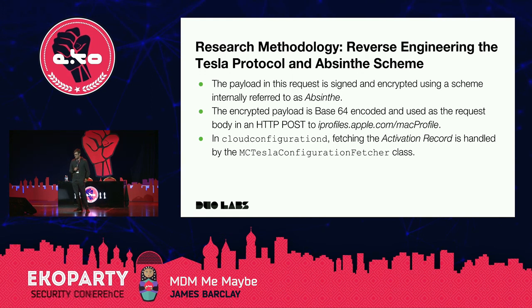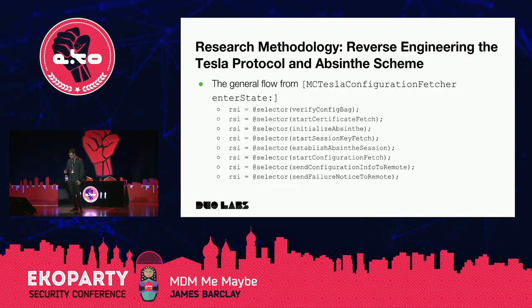In Cloud Configuration D, fetching this activation record is handled by the MC Tesla configuration fetcher class. So the general flow of MC Tesla configuration fetcher enter state is listed here.